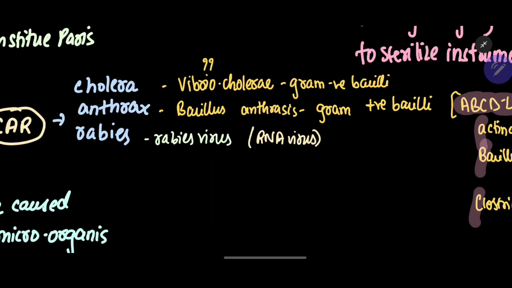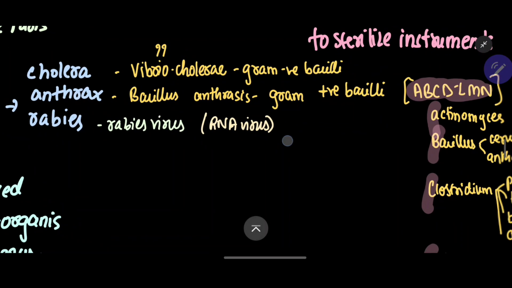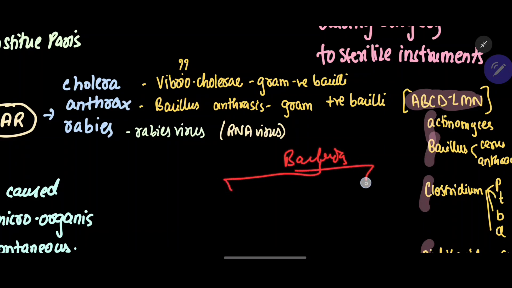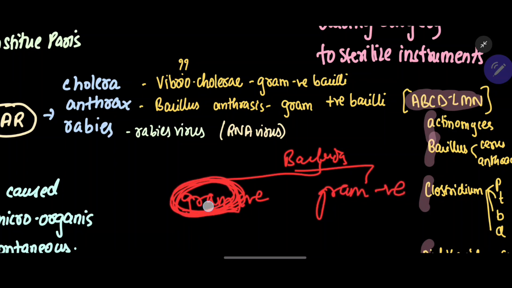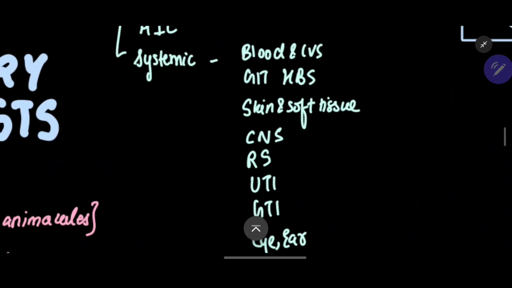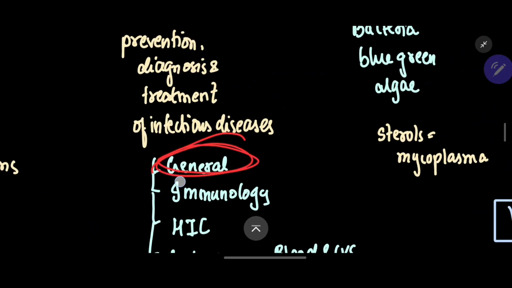Now, obviously, this is a little too overwhelming, but I'm just going to discuss it very briefly here, okay? Our bacteria are divided into gram positive and gram negative. What does gram mean? It is based on gram staining, which we'll come to when we discuss general microbiology.